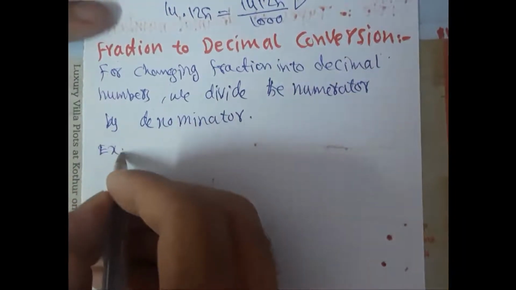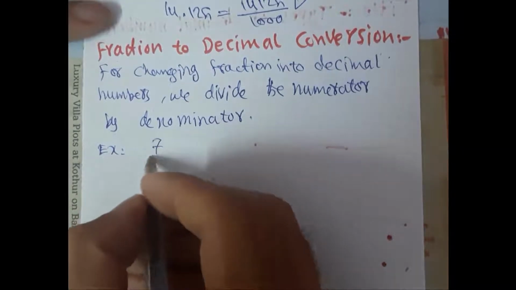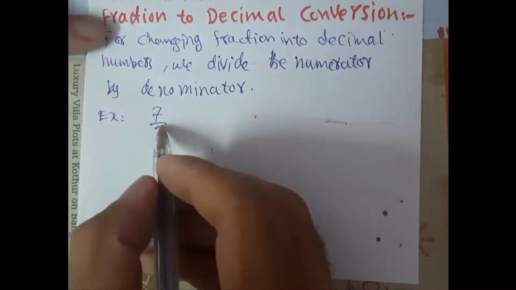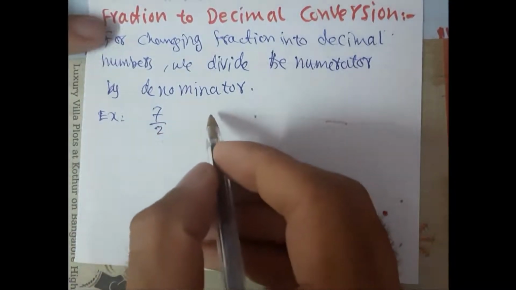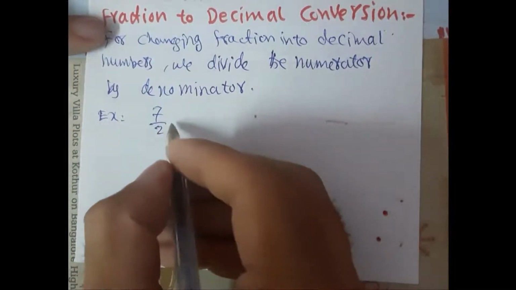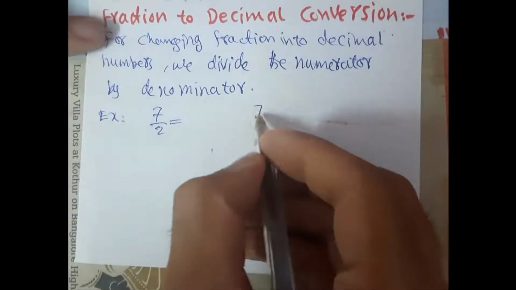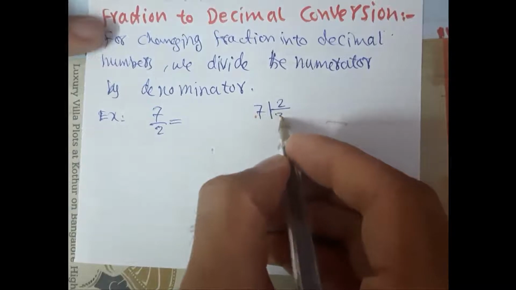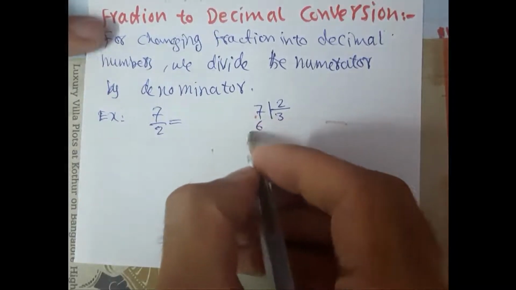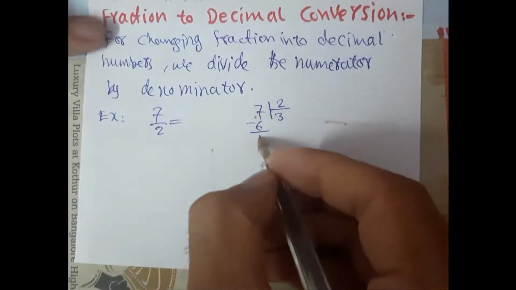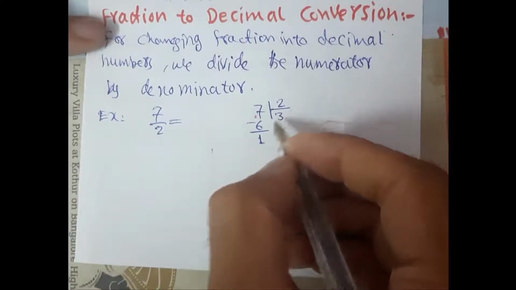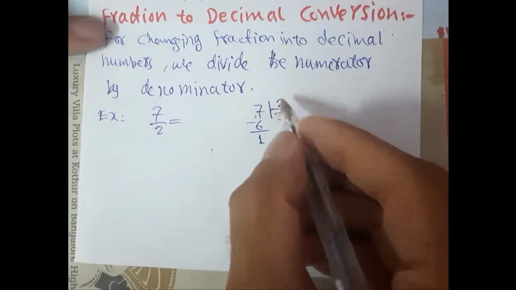Example, 7 by 2. How can we change this fraction to a decimal number? 7 divided by 2, 3. 3 times 2, 6. Here remaining 1. 1 cannot be divided by 2.